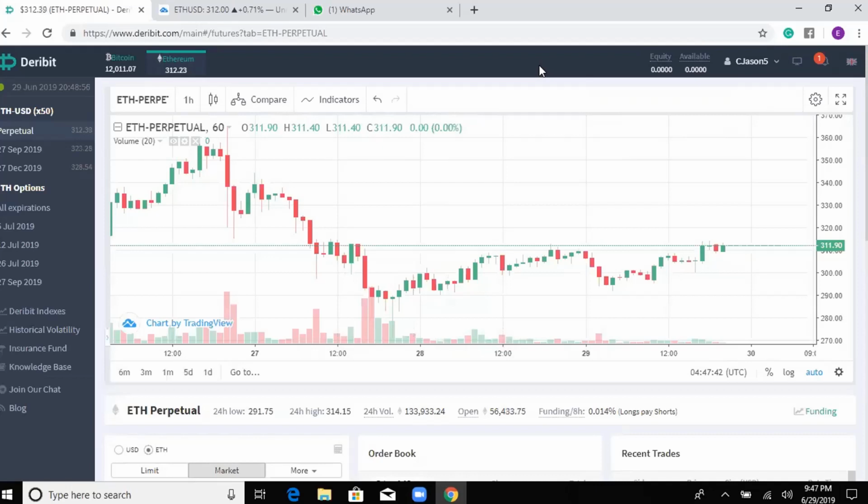If you have, for example, 5 Ethereum, you could just use 0.5 or just 1 Ethereum to enter a trade, to take a position. That's actually safe, and it reduces the risk for you when you're trading. So that's why it's very important to not use the whole of your balance when you're trading. Just always remember that.